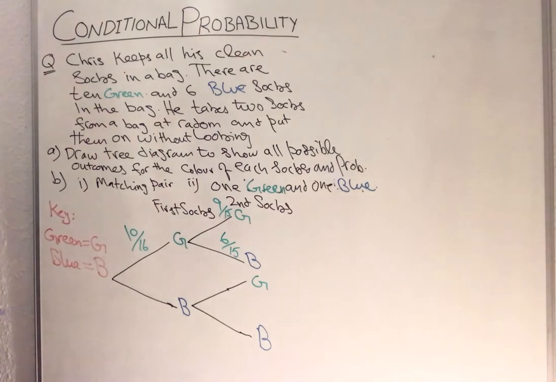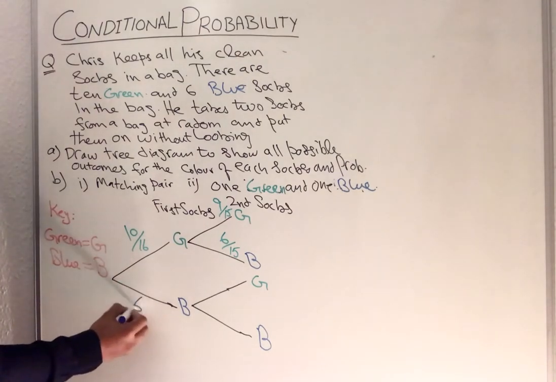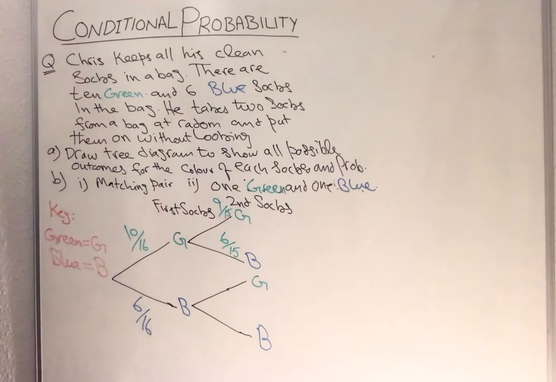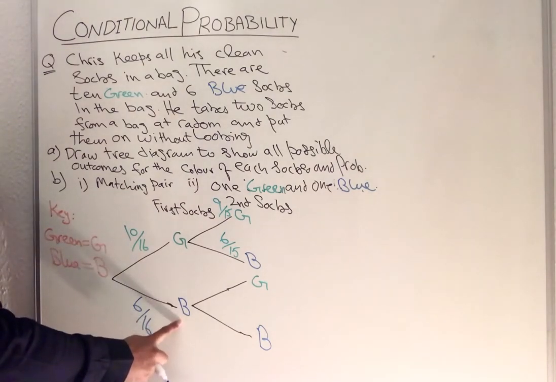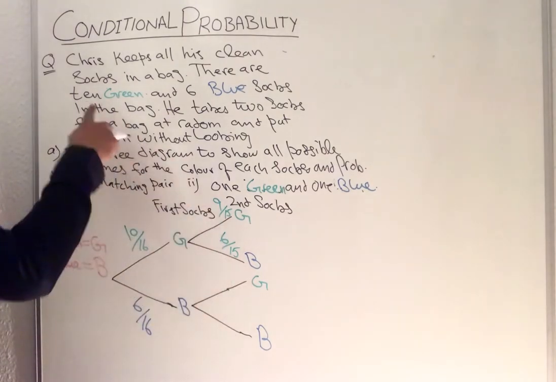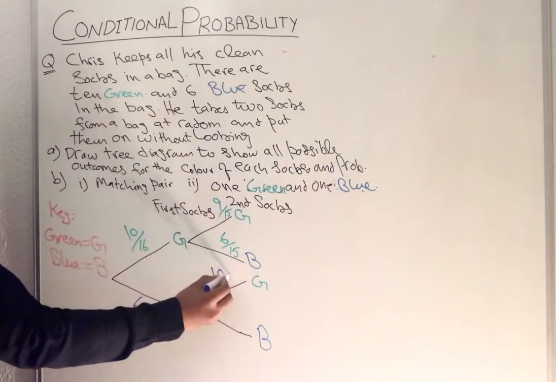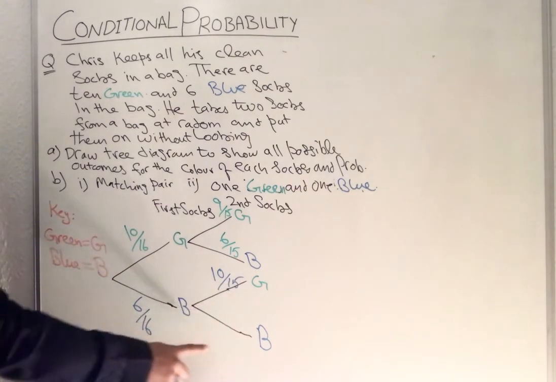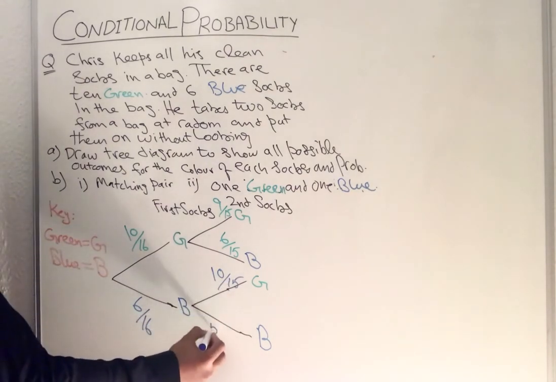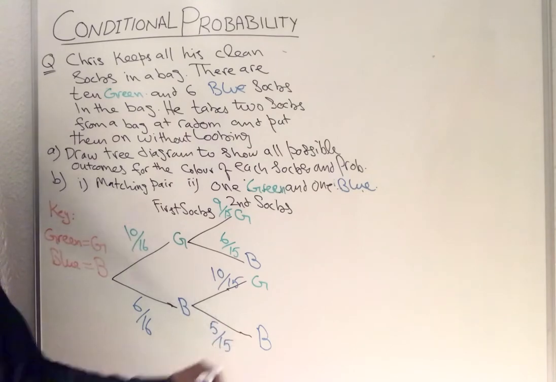If one is gone, blue is gone, but greens, how many are there? 10. So 10 out of 15. So one blue goes, one blue goes also, that becomes 5 out of 15.